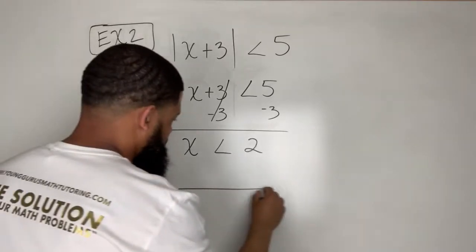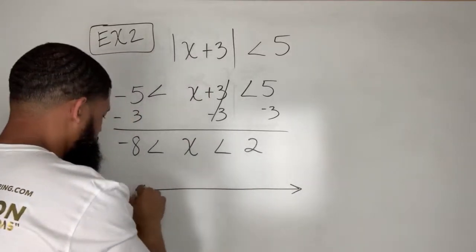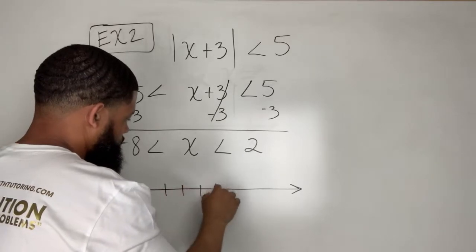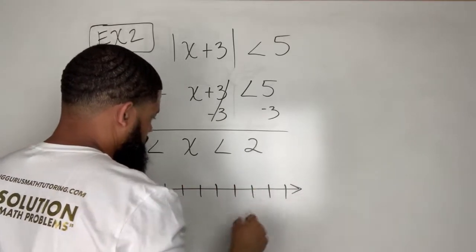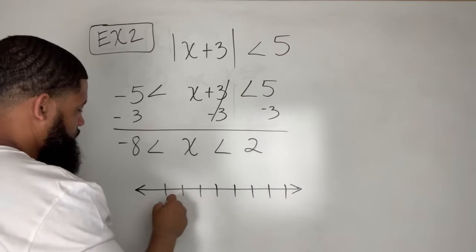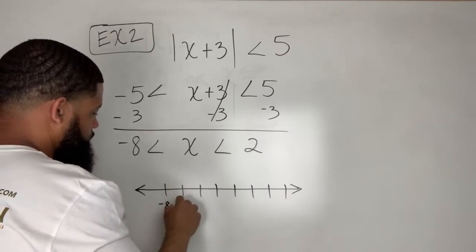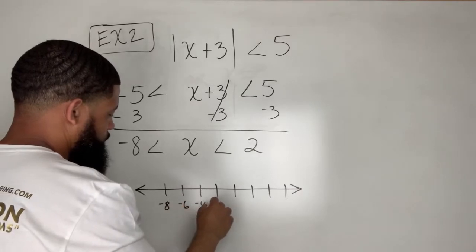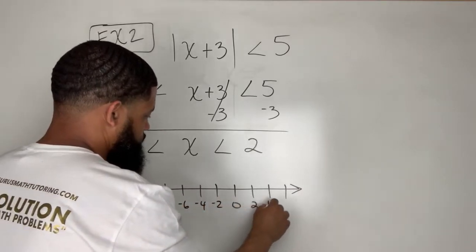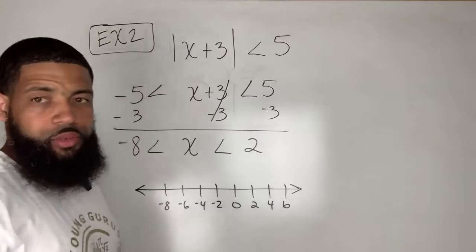We can still graph this one if we want to. Let's say this is -8, -6, -4, -2, 0, 2, 4, 6. We're counting by twos in this case.